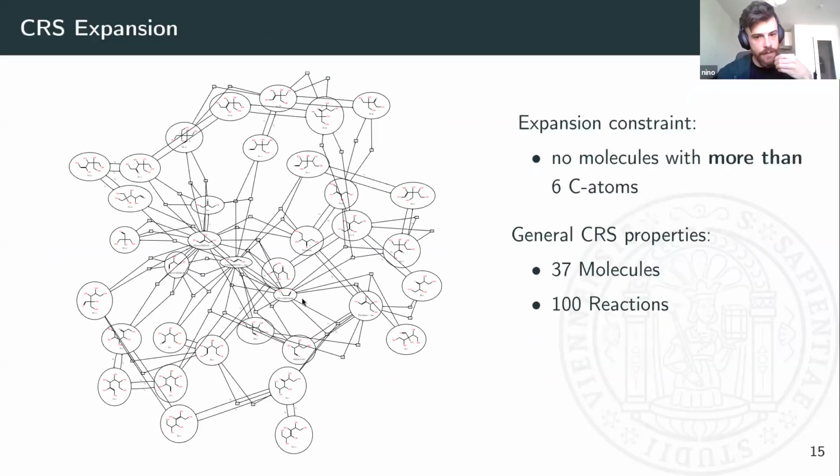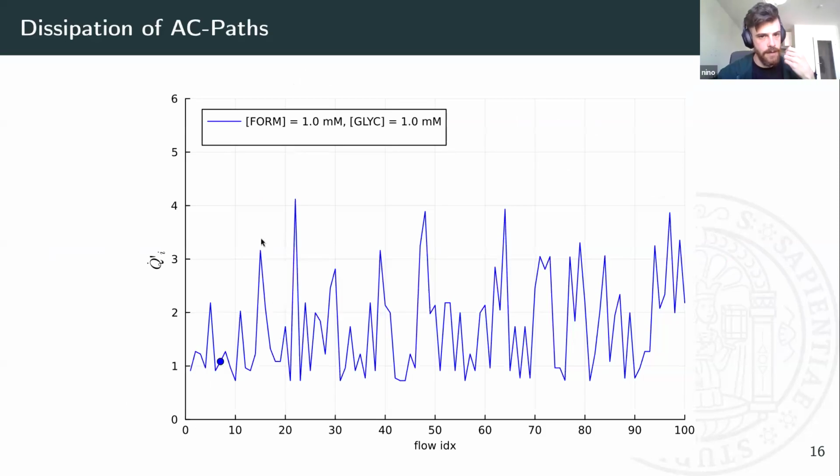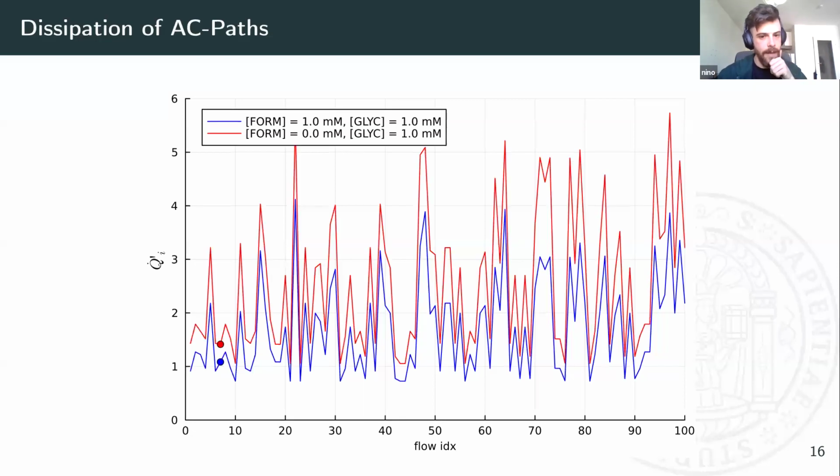So for each of these flow solutions, you then can get this energy dissipation. And changing some parameters then also changes in general this dissipation. So they get higher relative to each other.